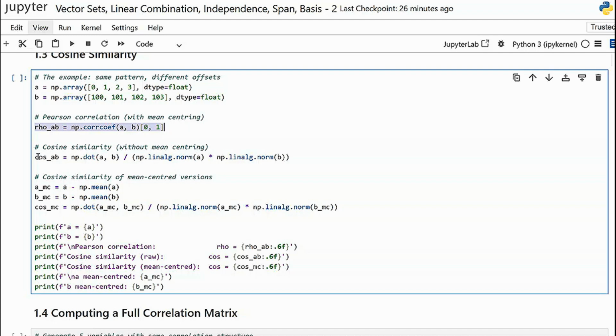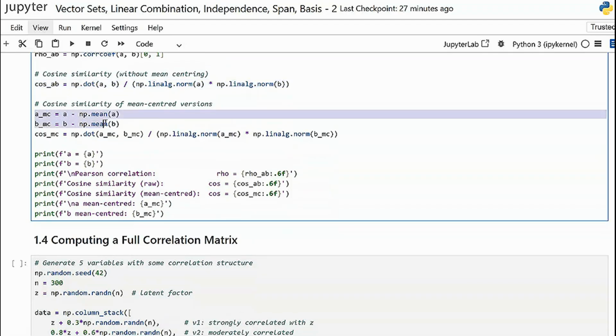And next, we compute the cosine similarity. This is simple: the dot product divided by the product of the vector norms. Unlike correlation, this method does not remove the mean. So absolute value influences the result. Kindly just think over this.